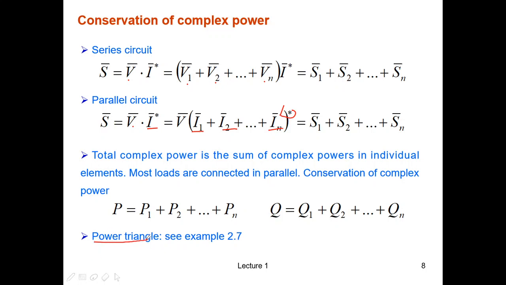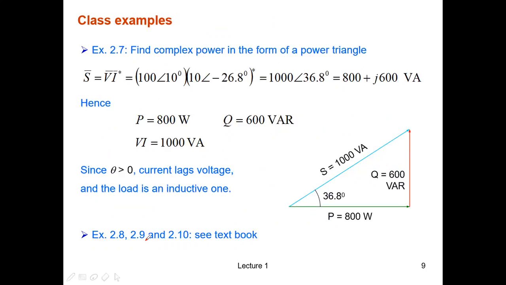Let's cover the power triangle through an example. In this example, they have already given us the voltage and the current. To calculate the complex power, we only need to multiply the voltage phasor and the conjugated current phasor, and that will give you this value, 1000 at the magnitude and 36.8 at the phase angle.